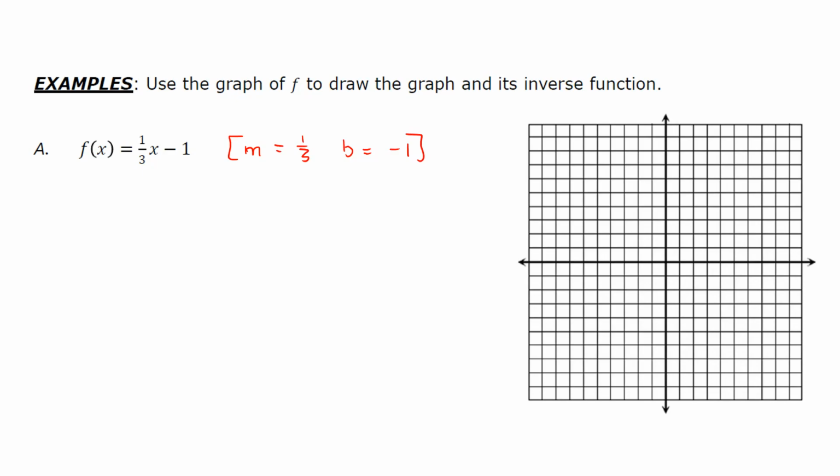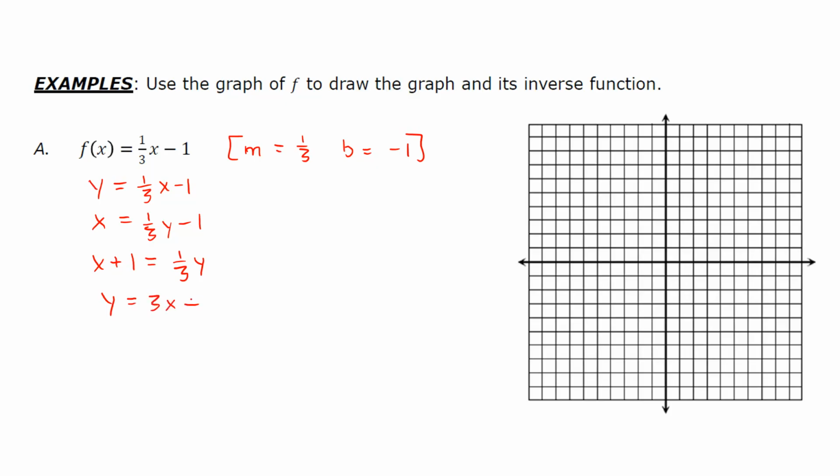If I wanted to find the inverse function, I would have to make f of x y, interchange x and y, and then solve for y. So I'll add 1 on both sides, then multiply everything by 3.